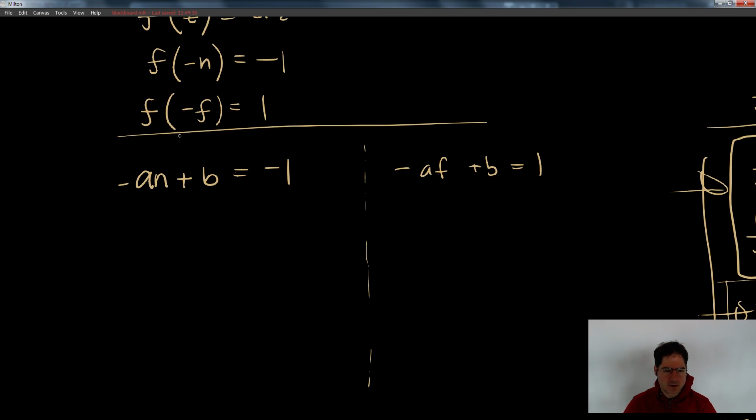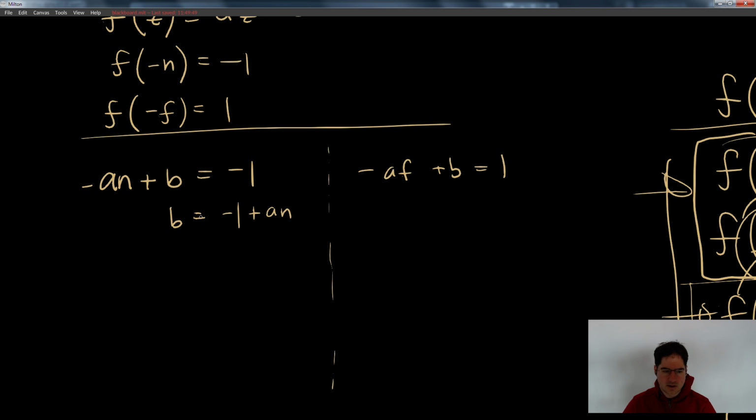Off we go. So now solving again, same process. b in this case equals negative 1 plus an, just moving the an to this side. And on this one, I've got to plug in this b again. So I have negative af and then negative 1 plus an. You can see that that's very critical, plus an there.